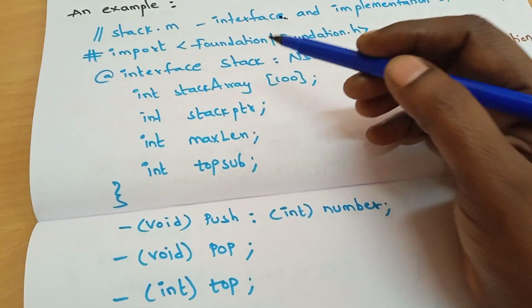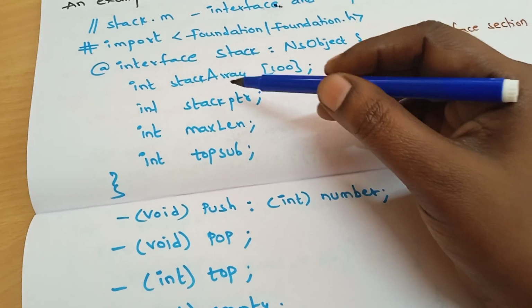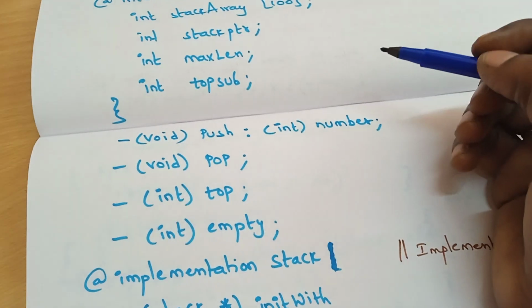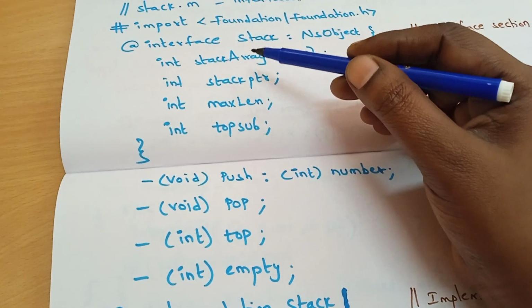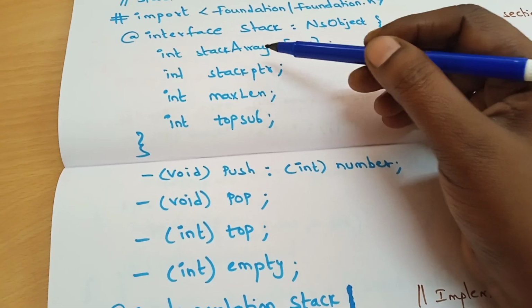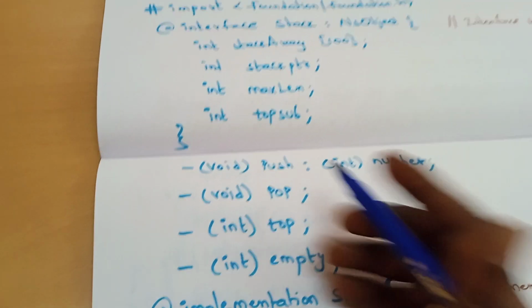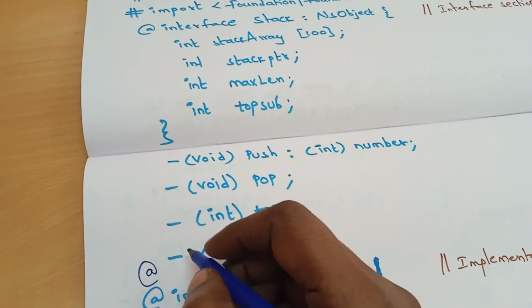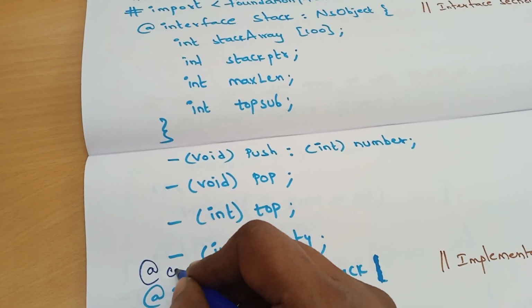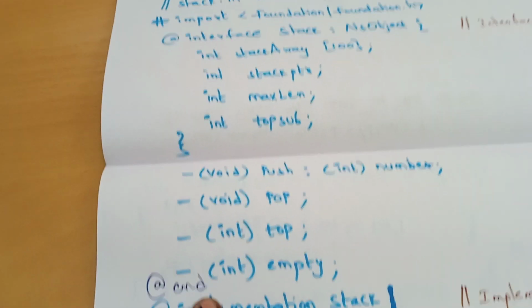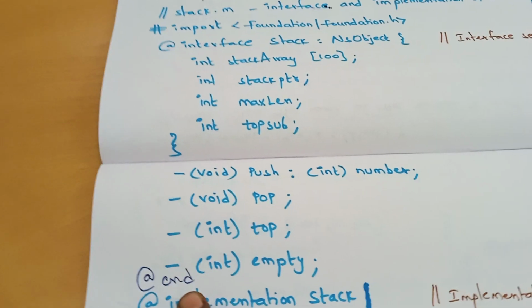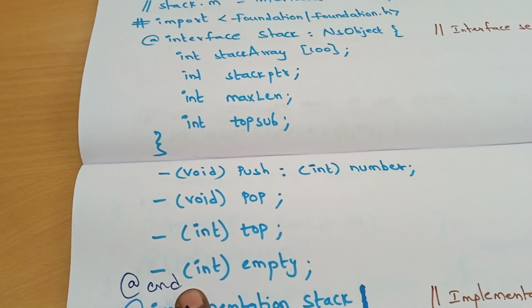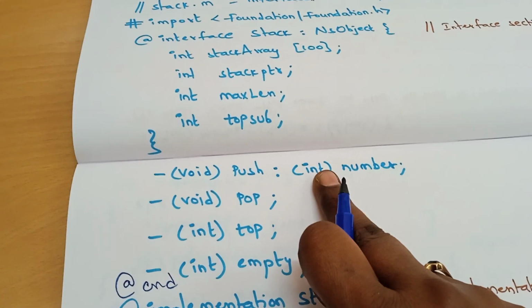And usually, as you know, every class will have data members and member functions. Once I have taken the data members and member functions, I have to close this interface, so I should write @end here. It is compulsory, and you will know from the last video how the syntax can be written for an interface.